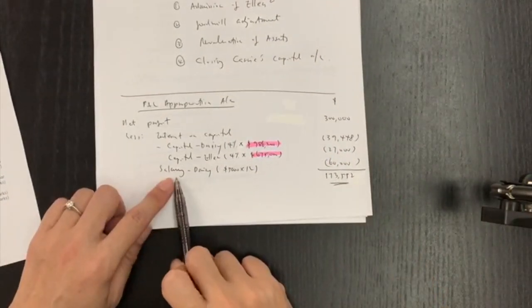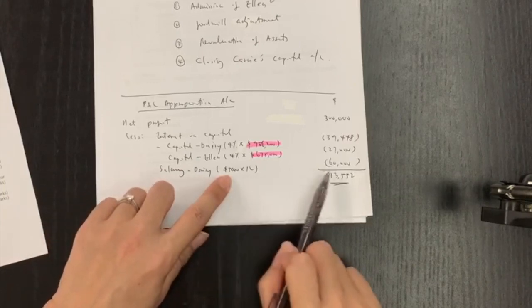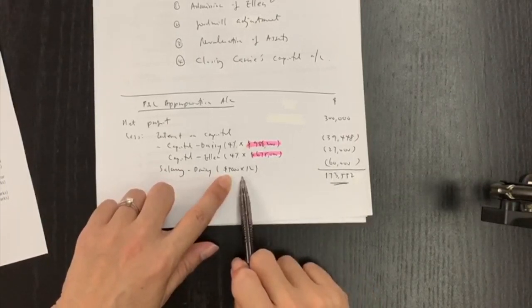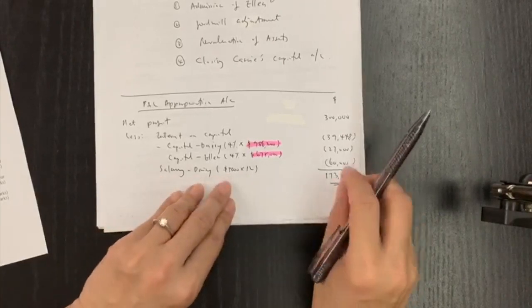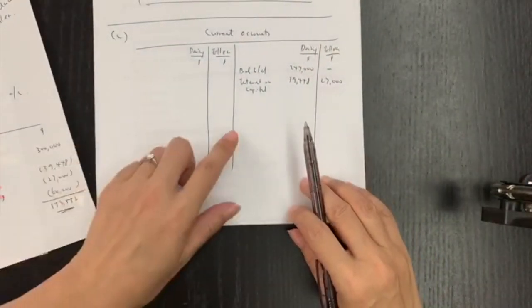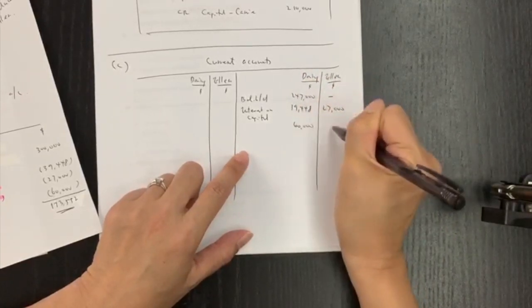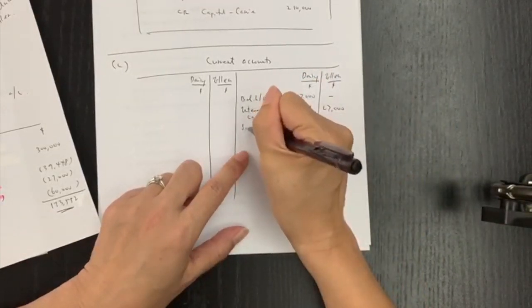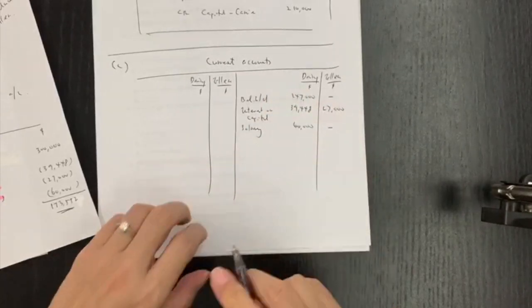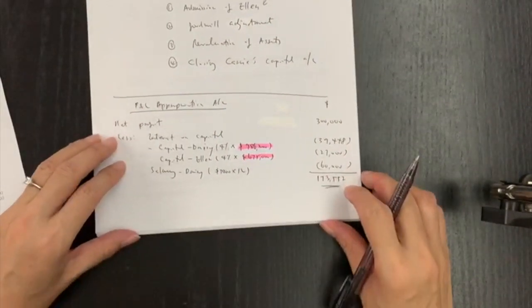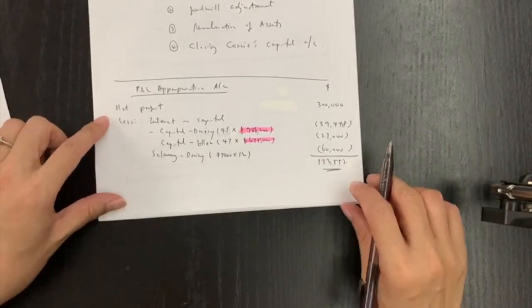So salary in the profit and loss appropriation account to get 1 year salary, so 60,000. So debit profit and loss appropriation account and credit current account for DSE. So here is DSE, so that is 60,000, and this is salary.